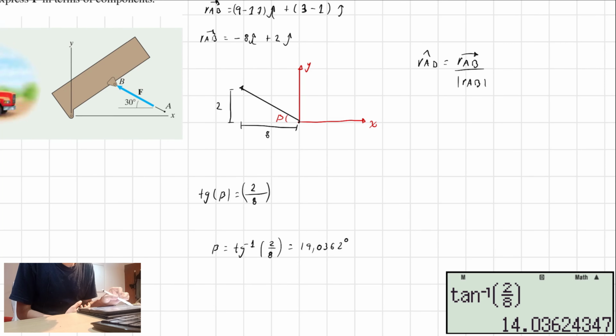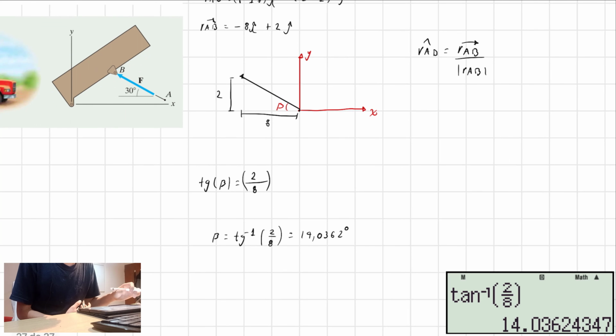This angle has to be the one that touches the x-axis, in this case beta. Remember that. Why? Because as well the unit vector of RAB is going to be equal to the cosine of the angle beta plus the sine of the angle beta.